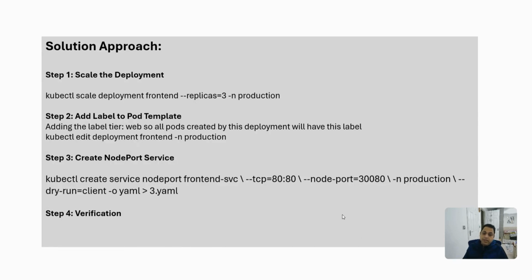Before jumping into the hands-on, we'll see what solution approach you can take. To scale a deployment, we can either use an imperative command or edit the deployment to update the replica value. So we'll see both methods. If it's only scaling, you can always use the command.